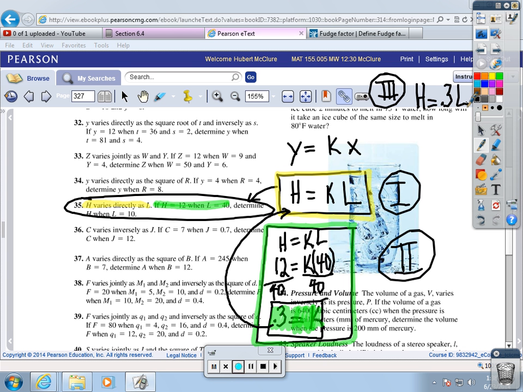What do you think this is called? Determine H when L is 10. What did I tell you that was called? More info. And that's where part 3 comes in. More info. And we'll highlight that a mauve color.